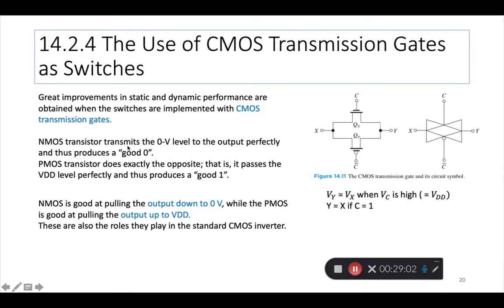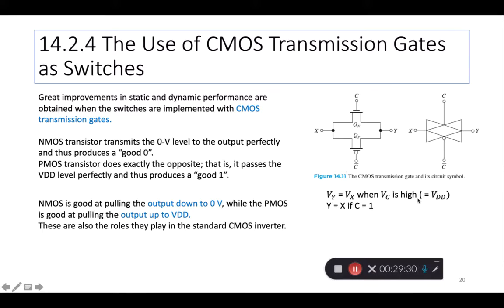So you notice that both NMOS and PMOS work together to get us both the 0 level and the 1 level to be just perfect. NMOS is good at pulling the output down to 0, while the PMOS is good at pulling the output up to VDD. These are also the roles they play in the standard CMOS inverter. We've seen this before. So, how do you explain the logic?